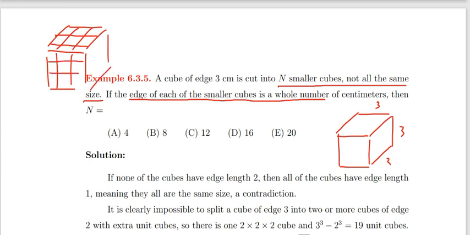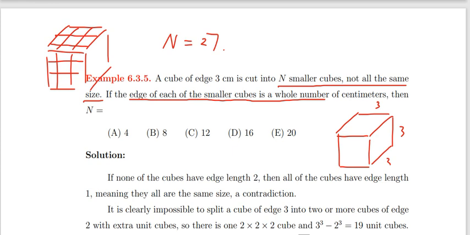In this way we can make n equal 27, right? We can cut 27 small cubes from the big cube.